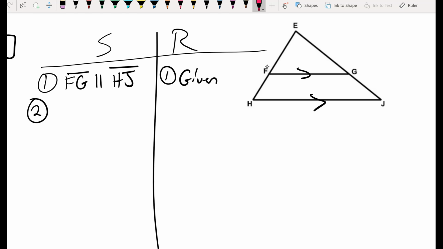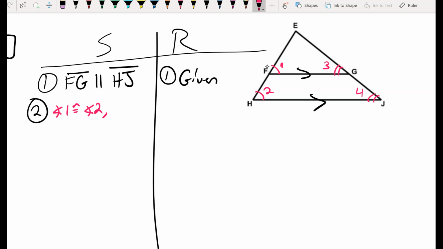You could use that in your proof if you want to, but I notice that angle EFG and angle EHJ are congruent corresponding angles, and angle EGF and angle EJH are also congruent corresponding angles. So because those are the same reason, I can lump those into the same statement, and that's actually going to save me a step in my proof.